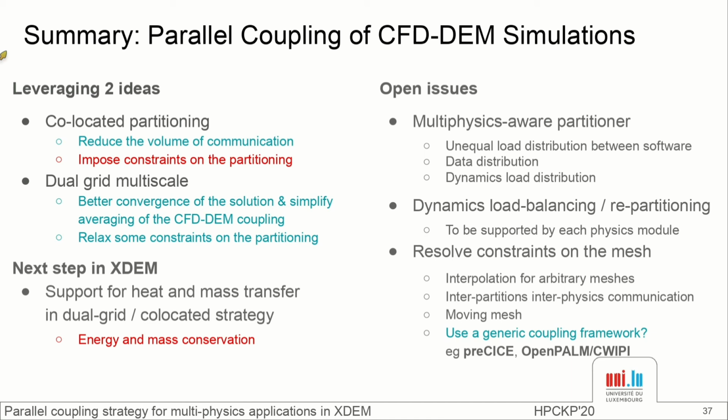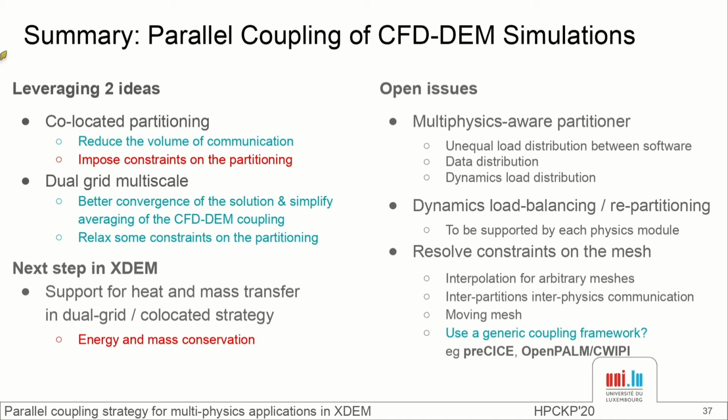The next step to move forward in XDEM is to add support for heat and mass transfer with this dual grid plus collocated approach, because right now it has only been implemented for momentum transfer.